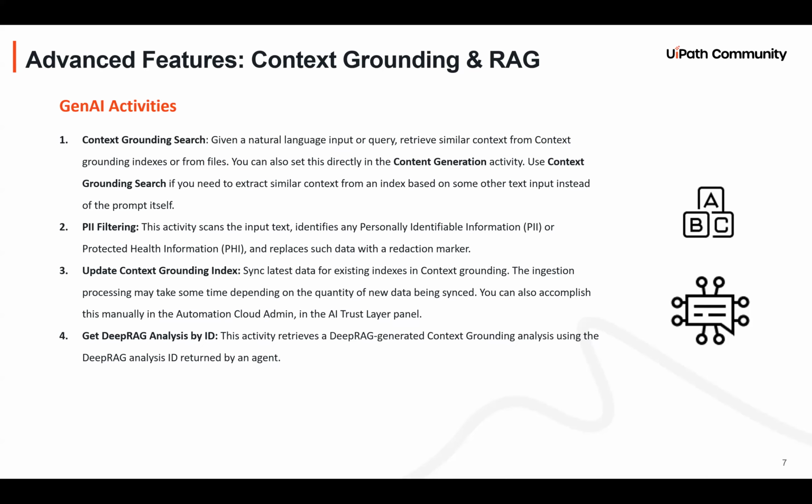We call it context grounding in UiPath, but overall in the industry, if we say we are using RAG, that would be understandable. In UiPath we are using context grounding, which is the same concept, just a different name for RAG.